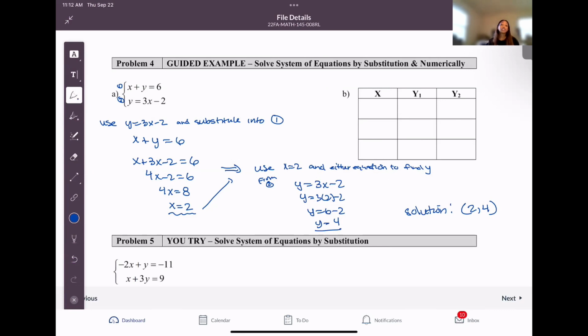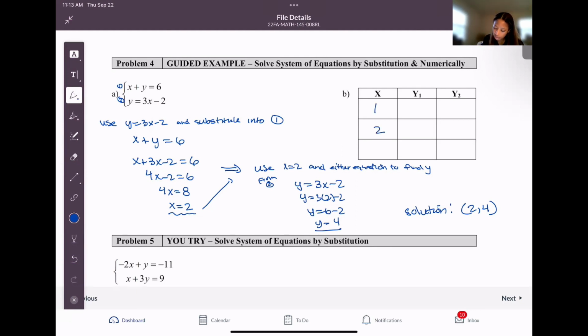All right, if you were to solve this numerically in your graphing calculators, you would have to put both equations in slope-intercept form, put them in for y1 and y2, and then scroll down your table until you have both of the outputs being equal. Okay? For showing a numerical solution, like showing your work, you write down a few rows.